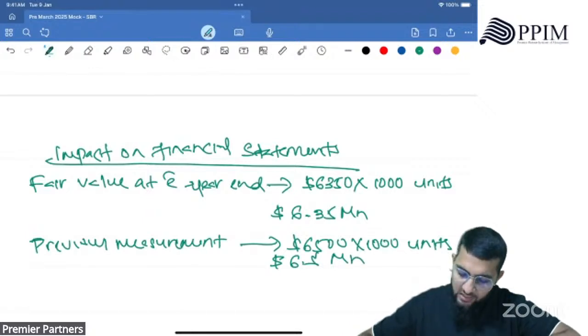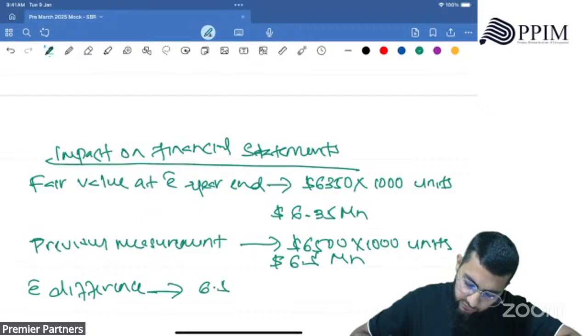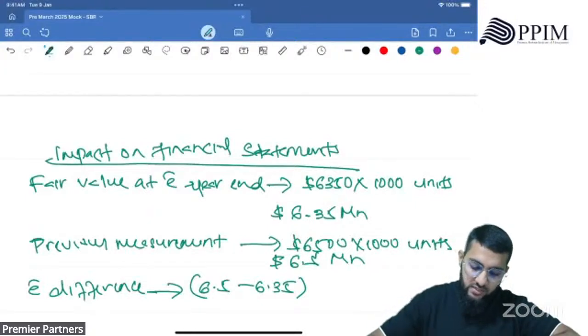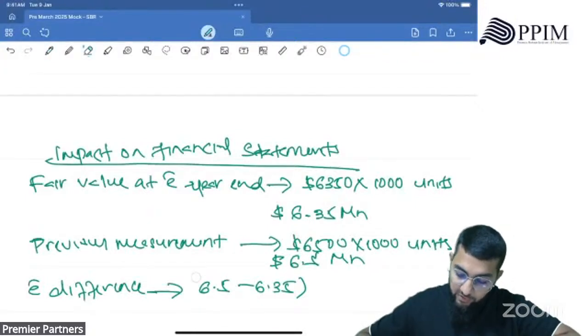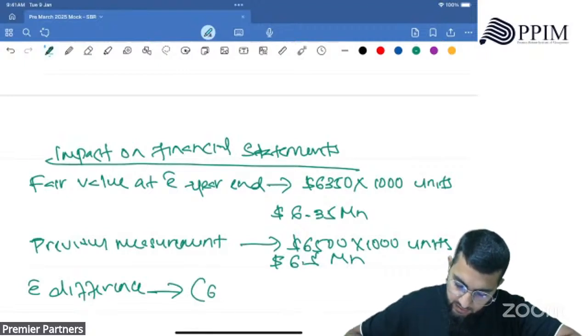Therefore, the difference is 6.5 minus 6.35, or you do it the other way, 6.35 minus 6.5.